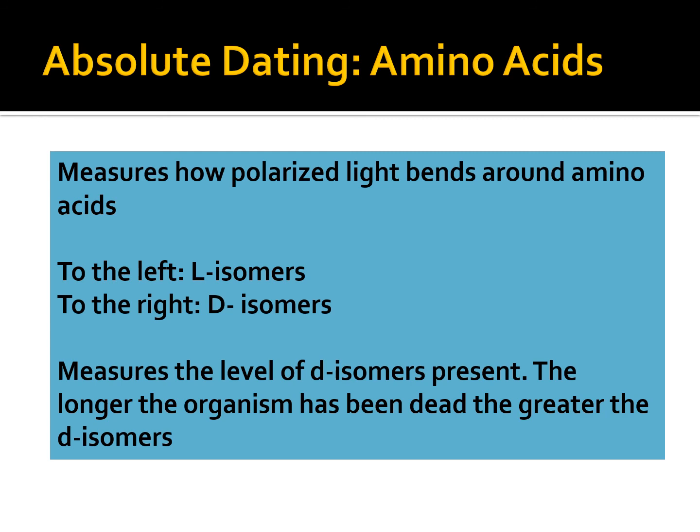The longer the organism has been dead, the greater the D isomers, right? So essentially you're taking these amino acids that you find, which if you find any, because remember amino acids are a biological material and may not preserve very well. So if you find them, you can use polarized light to determine how old the specimen is based on its reaction with those amino acids.